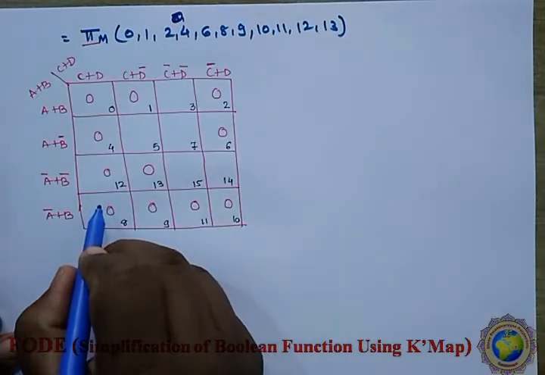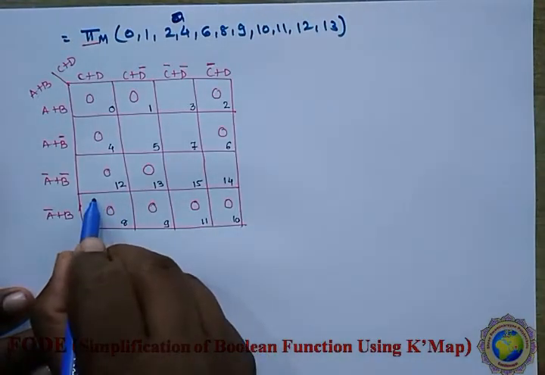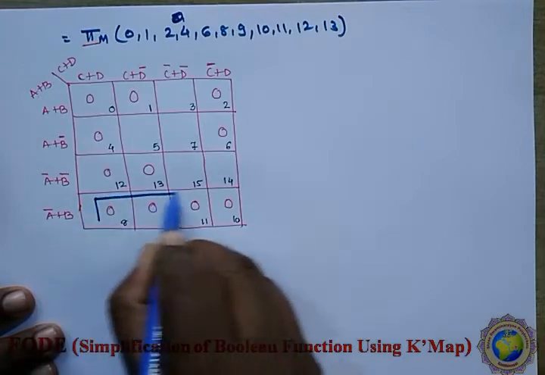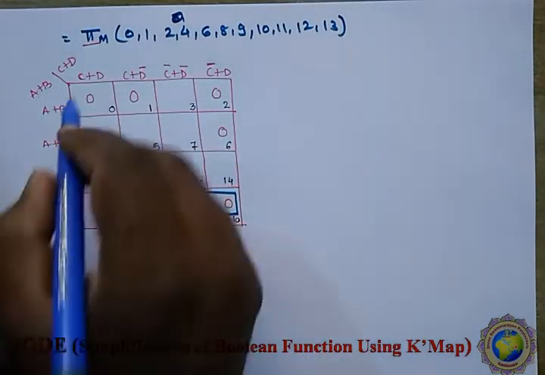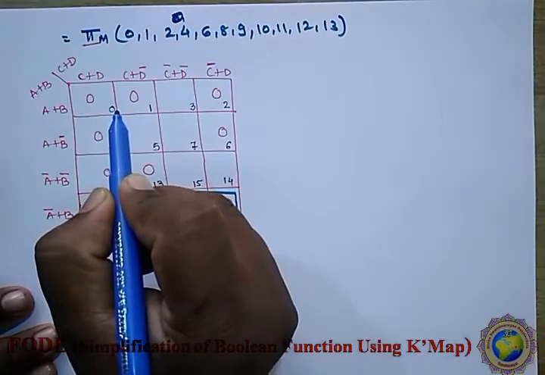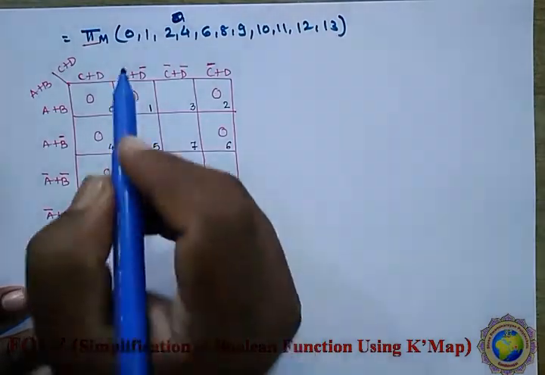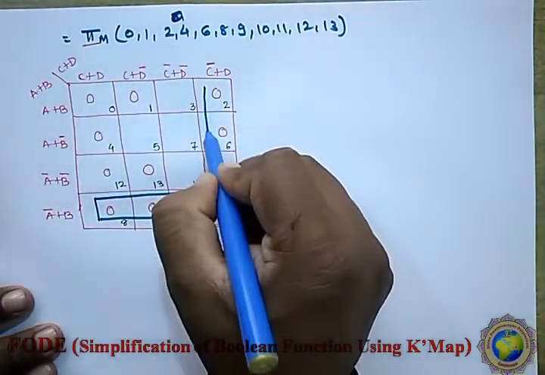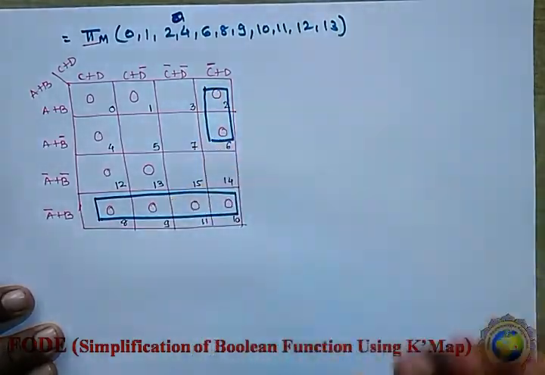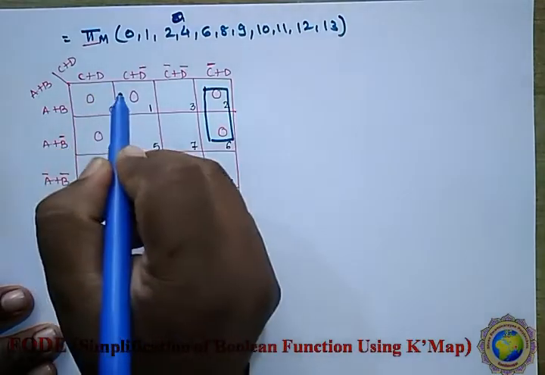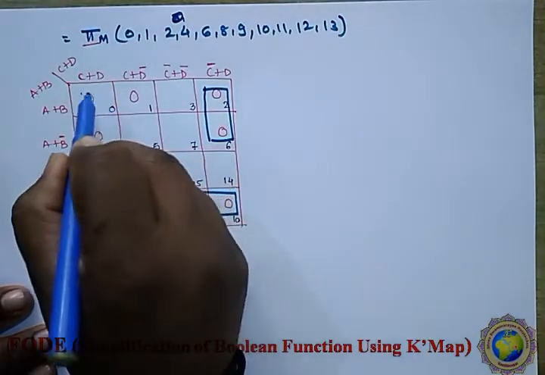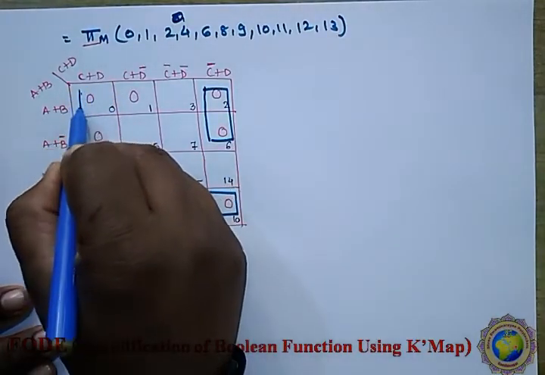So you can make this 4. Okay, then you can make also this 4. This 2. Okay, then this 4.